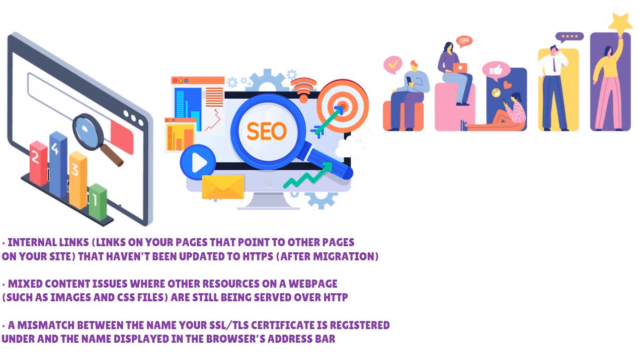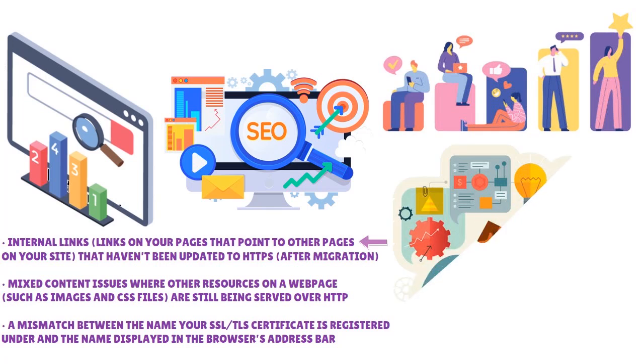That's important. The internal links, by the way, are links on your pages that point to other pages on your site. Those internal links that haven't been updated to HTTPS after migration, you want to really pay attention to that, so that you don't have an issue that could really derail your SEO.